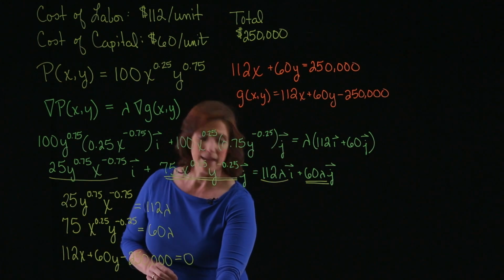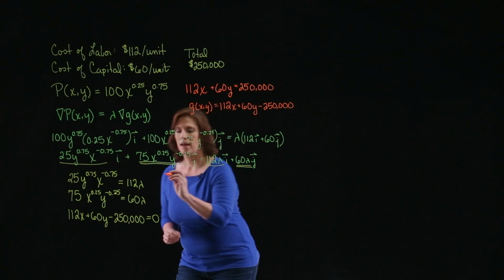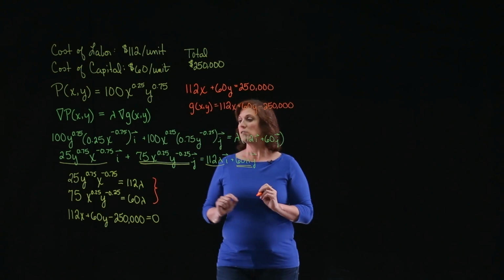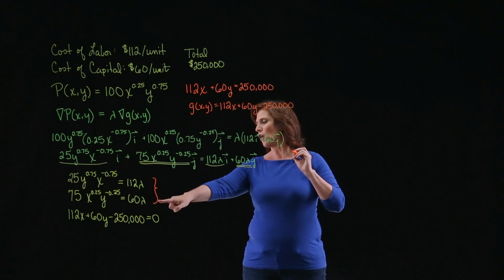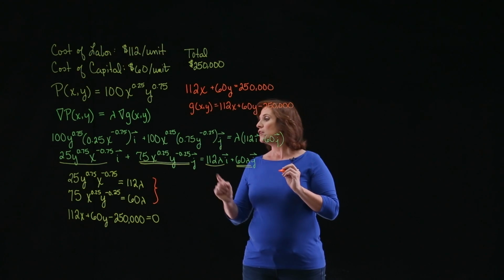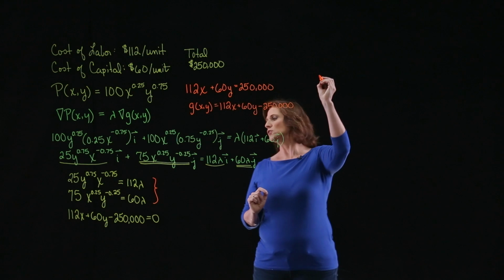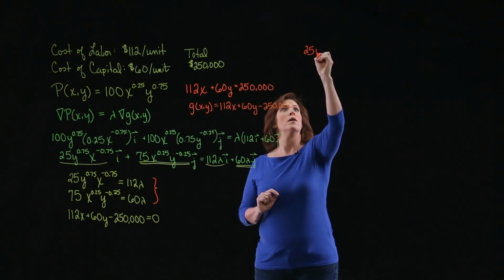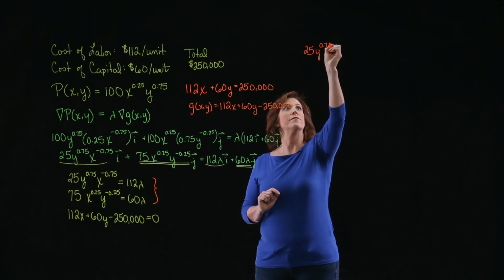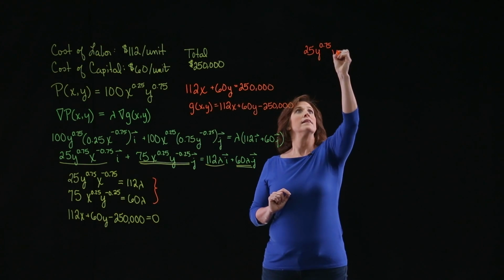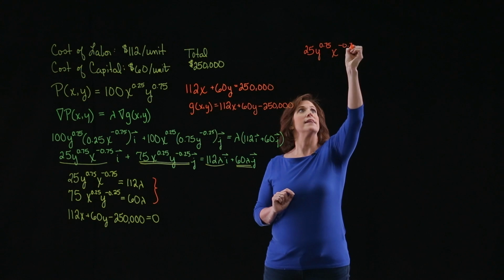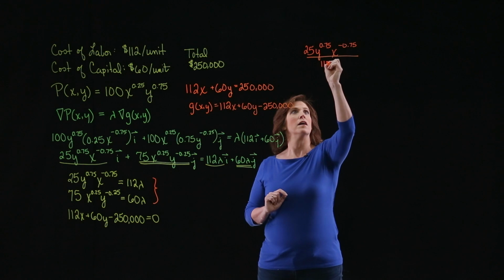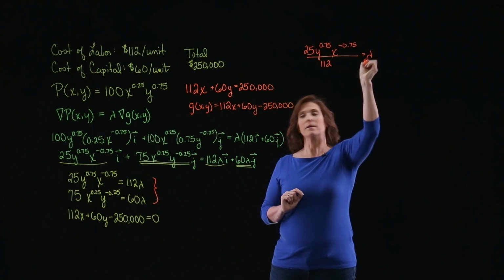Okay. So I'll begin by combining those first 2 equations. So I know that I can solve each of those equations for lambda. So when I do that, my first equation is going to become 25y to the 0.75 x to the minus 0.75 all over 112 equals lambda.